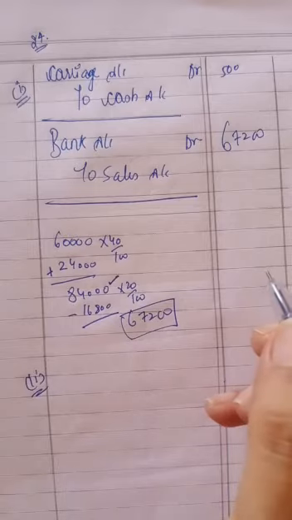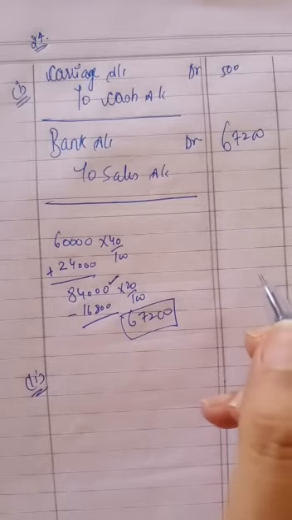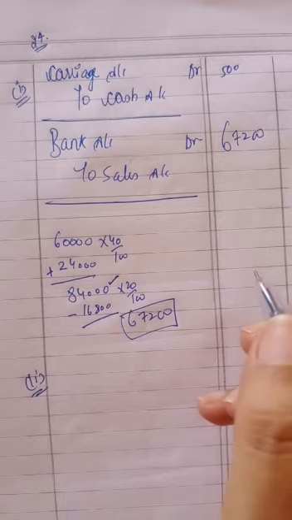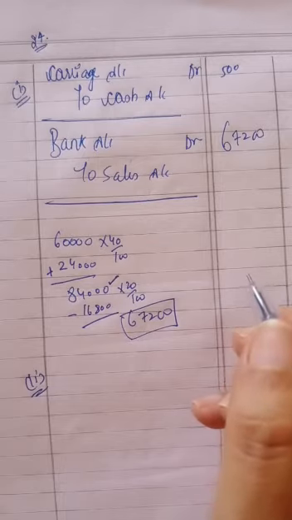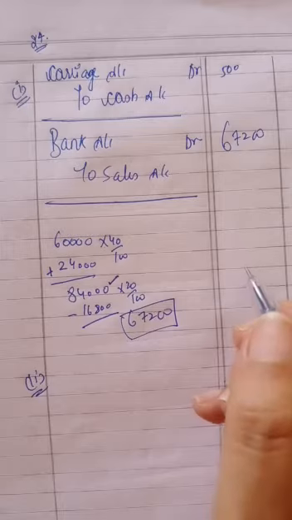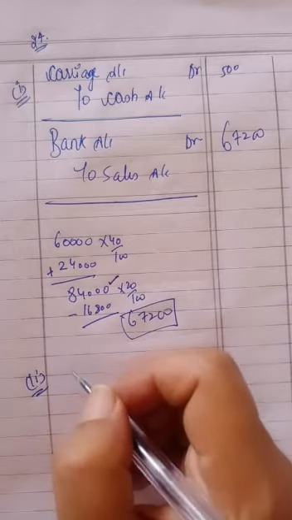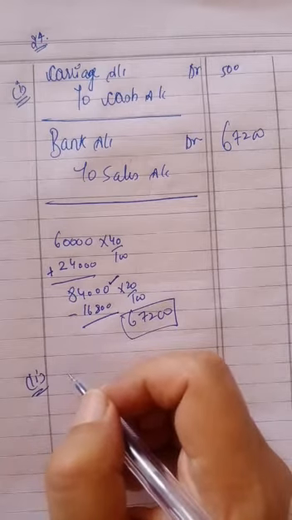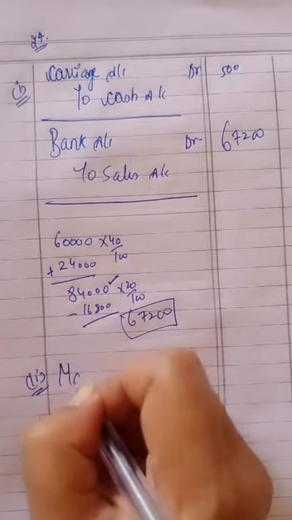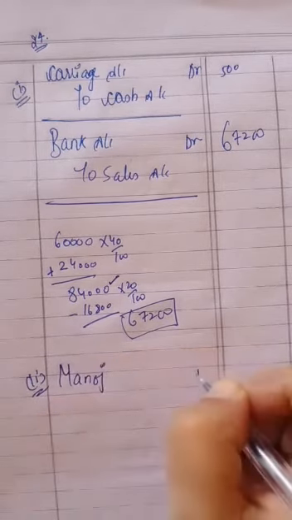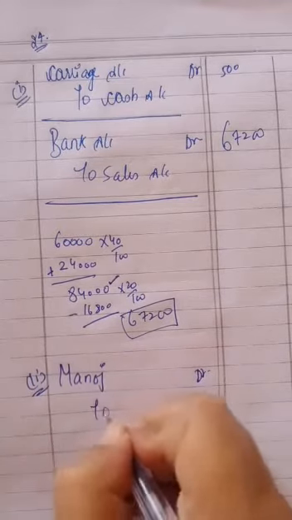Sold goods costing rupees 45,000 to Manoj at a profit of 33 and 1/3% on cost less 20% trade discount and paid carriage 400 to be charged from the customer. So this will be charged from the customer. We will write debit the receiver, credit what goes out.